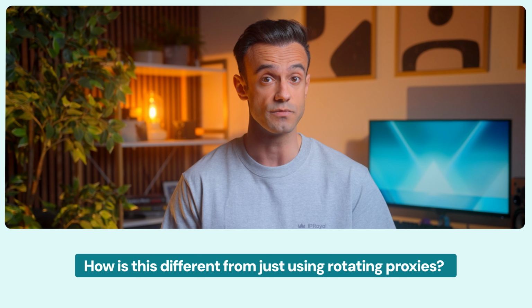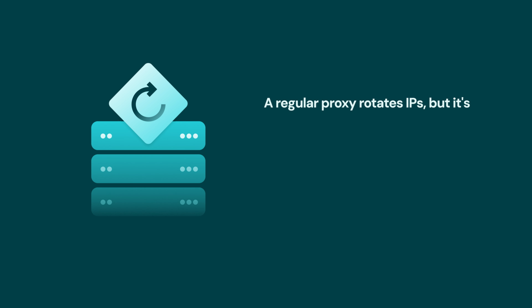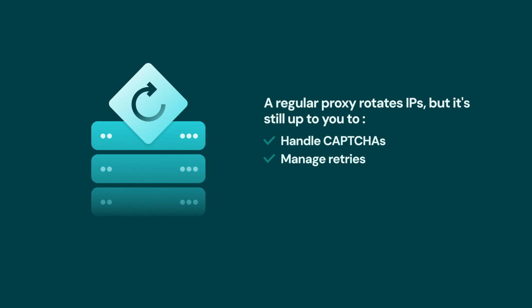How is this different from just using rotating proxies? A regular proxy rotates IPs, but it's still up to you to handle CAPTCHAs, manage retries, rotate user agents, and mimic human behavior. Web Unblocker handles all of that automatically.